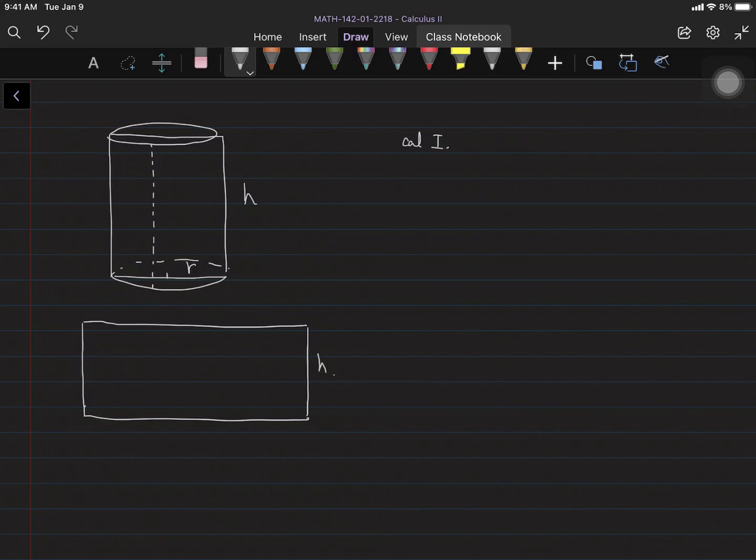Here we still have h as the height, but the length of the rectangle should be 2 pi r, right? When we cut this, so what's the surface area for this one? We can write down this is 2 pi r h, because for the rectangle it is width times length.